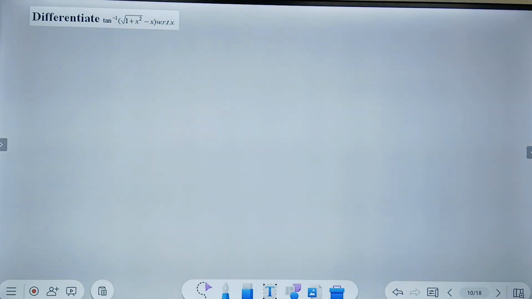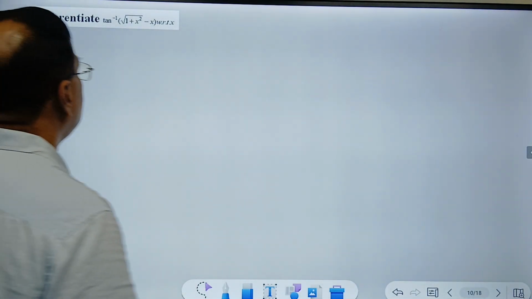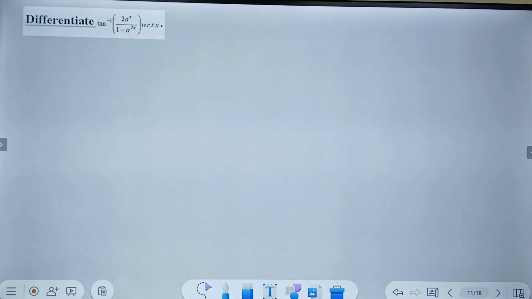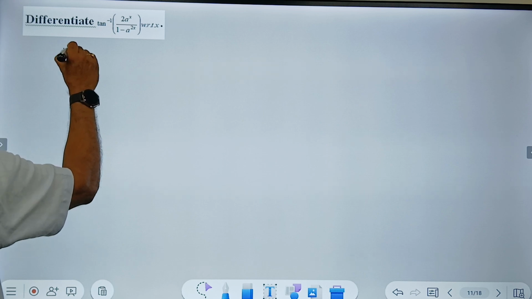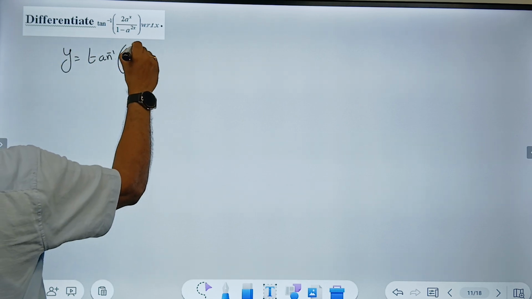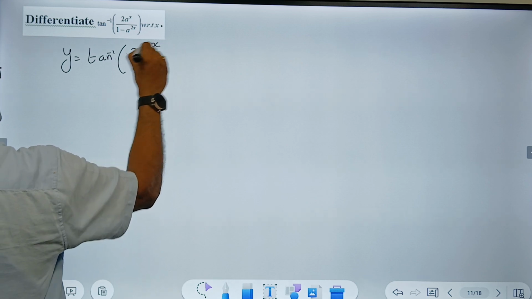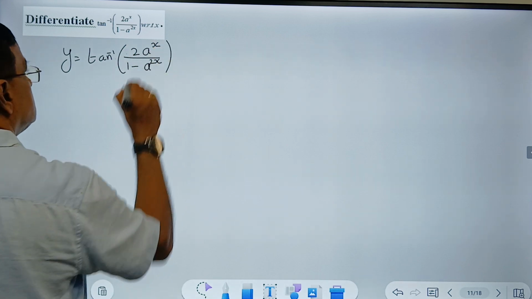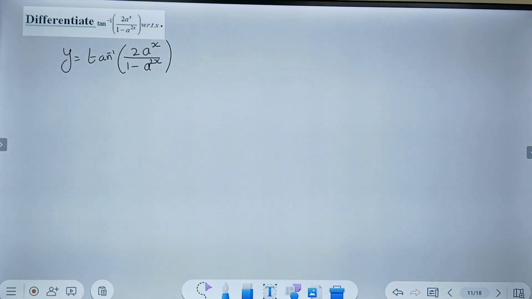This is tan inverse of, I think I already did this problem, so I'll skip this. I'll go to this. Y equal to 2a power x by 1 minus a power 2x. So I'll write the question. Tan inverse of 2a power x divided by 1 minus a power 2x. Correct? So what do we do?